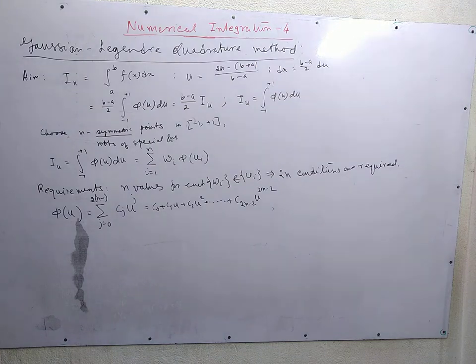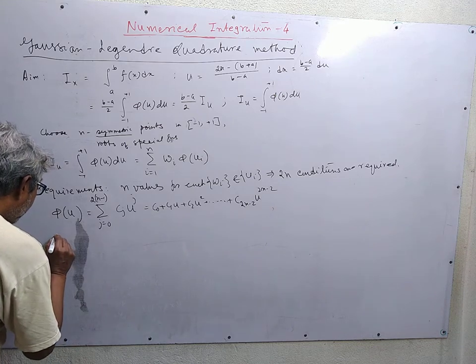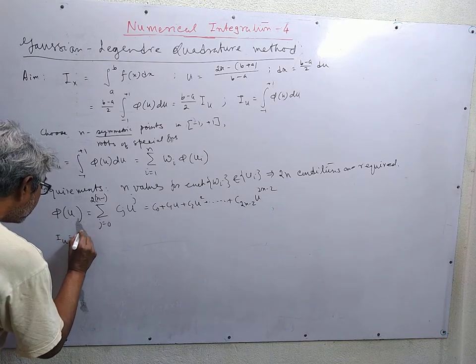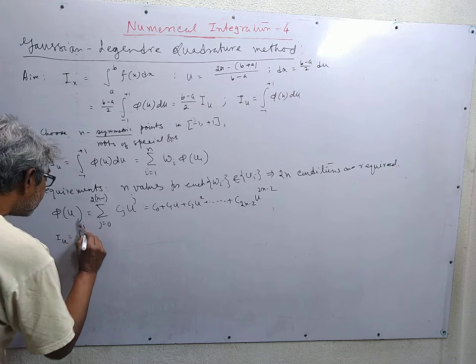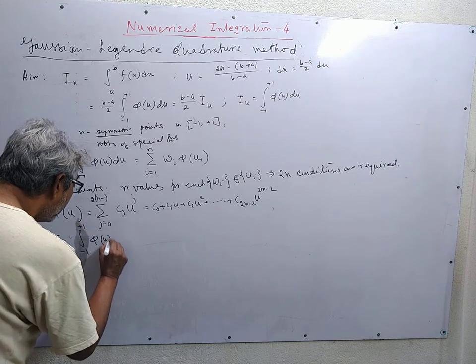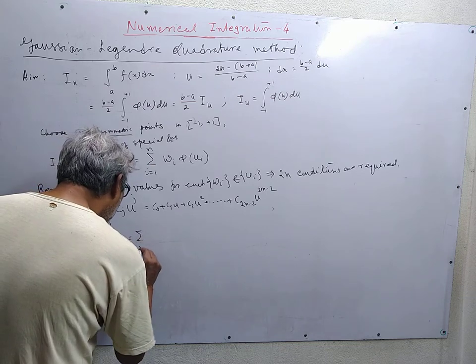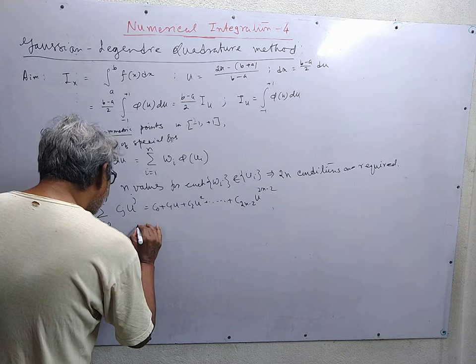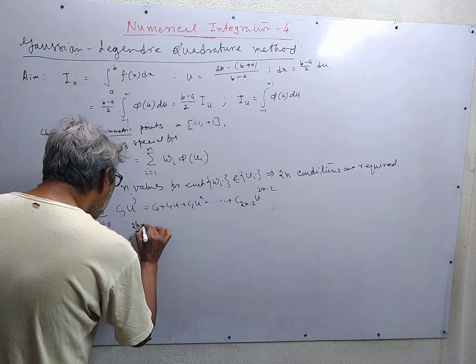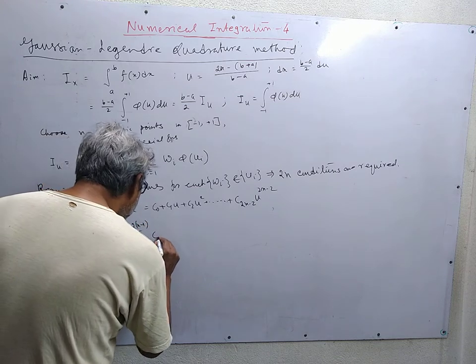Now if we integrate this function, if we write u in this form, then we could get a form of Iu. So Iu is equal to integration from minus infinity to plus infinity of f(u) du, which we write as summation over j from 0 to cj.